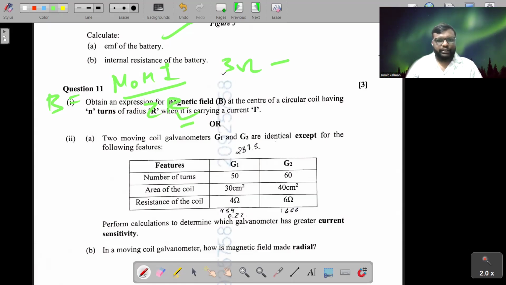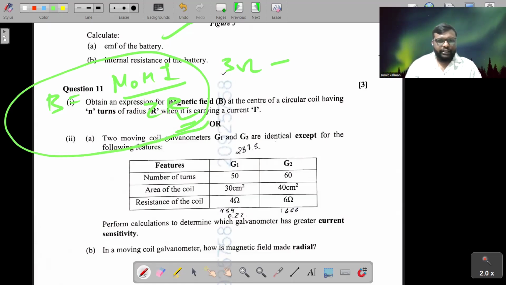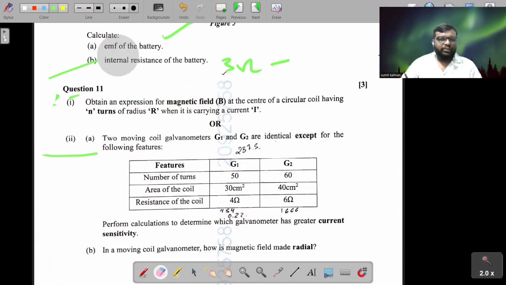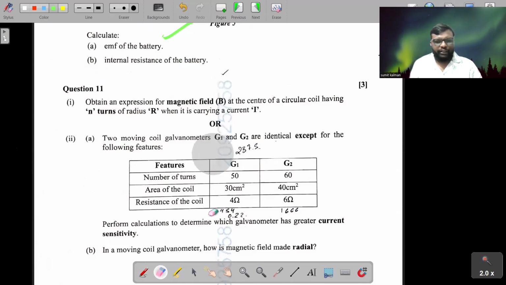This you have to derive. ये एक्सप्रेशन आपको डिराइव करना था, तो सिंपल डेरिवेशन है. इट इज गिवन इन द बुक आल्सो. सो स्टूडेंट्स, you can just see, and if you want the derivation of this, then you can contact me. I can make separate video for this derivation.